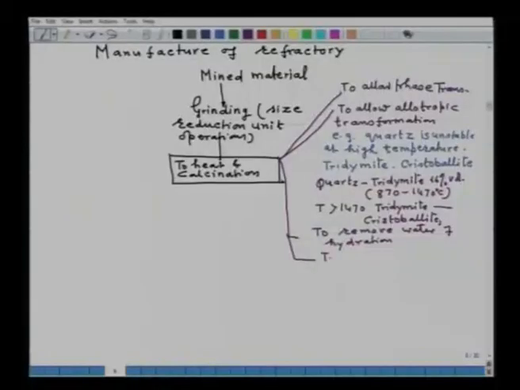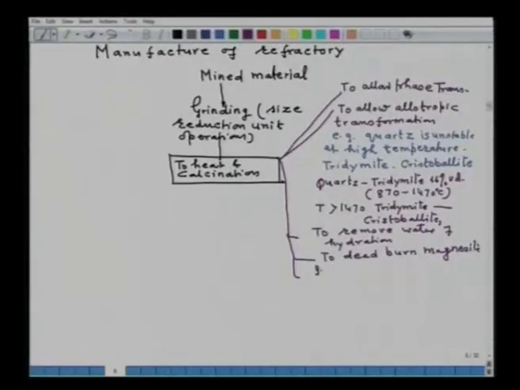In case of magnesite, the naturally occurring material is MgCO3, or dolomite, CaCO3.MgCO3. So, those materials are to be dead burnt in order to remove carbon dioxide. So, another objective is to dead burn magnesite so as to remove carbon dioxide.